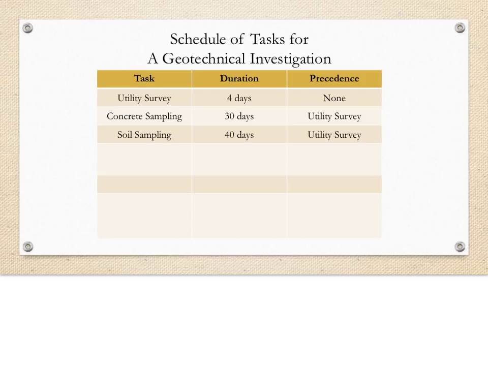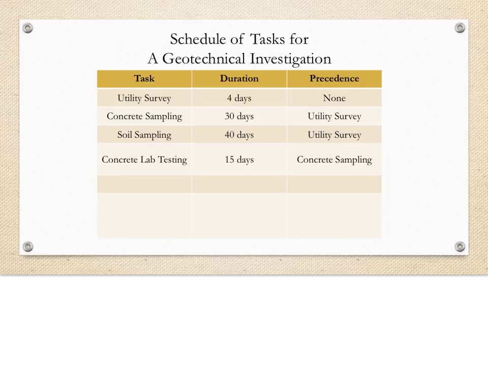The soil sampling is a task that is projected to take 40 days to complete. The start time for this task is also dependent on the completion of the utility survey. Now, since the soil sampling and concrete sampling are not dependent on each other, it appears that they can be done at the same time.